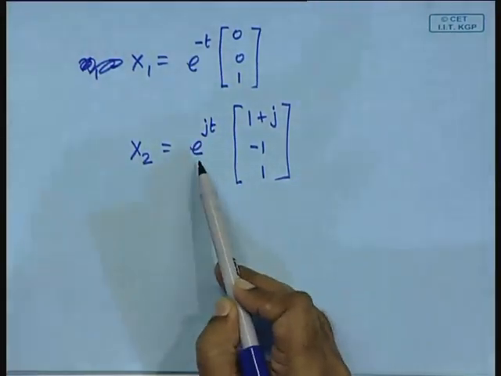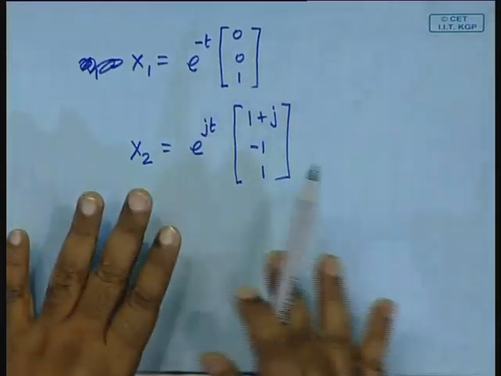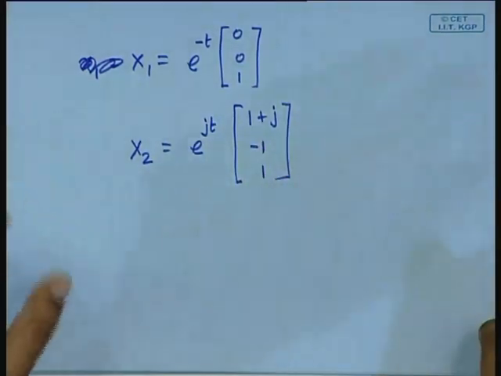This will yield cos t plus j sin t, and then we will separate the real part and the imaginary part. After having done so, the real part gives one possible solution, the imaginary part gives another possible solution. Just obtain the two solutions then. Clear?